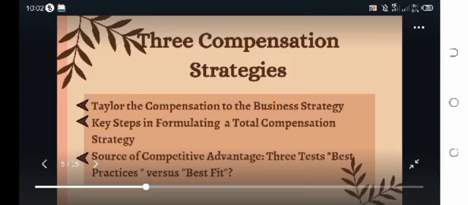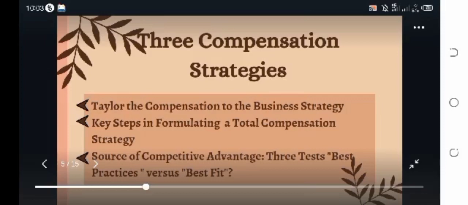In key steps in formulating a total compensation strategy, it involves defining objectives, conducting a needs analysis, determining a compensation philosophy, developing a pay structure, designing compensation components, implementing communication and transparency, and monitoring and evaluating the strategy.